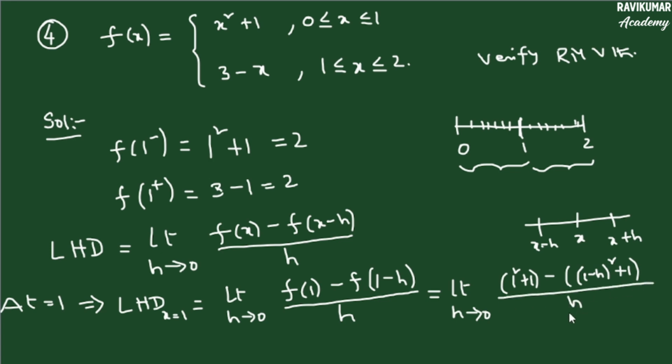divided by h. So it is limit h tends to 0, it is 2 minus, inside the brackets it is 1 plus h square, a minus b whole square. 1 plus h square minus 2h plus 1.